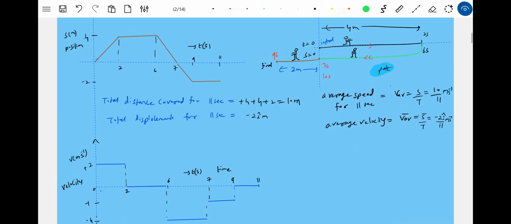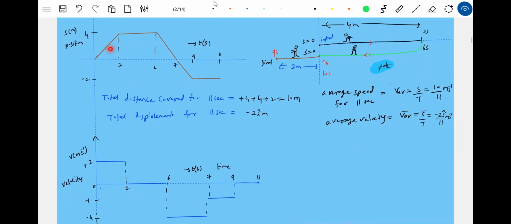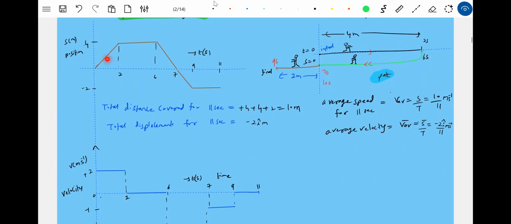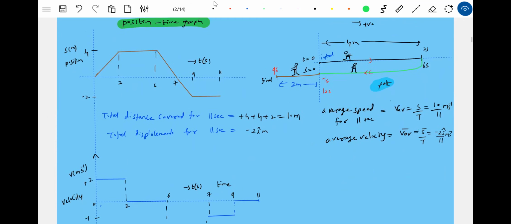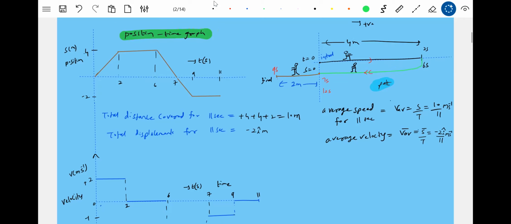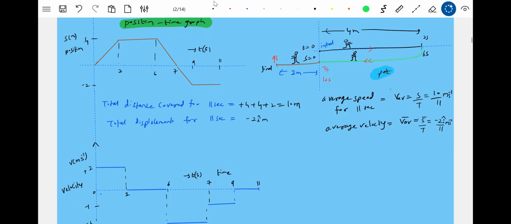If I calculate the slope here, what do I get in the position versus time graph? In the position versus time graph, if I calculate the slope, I get the velocity.